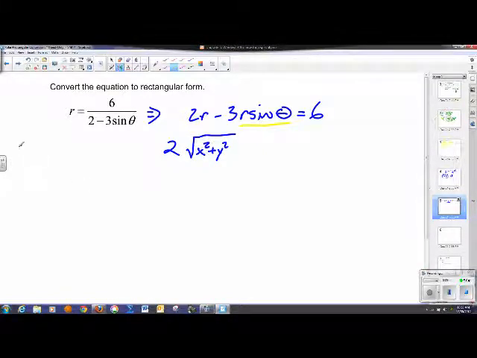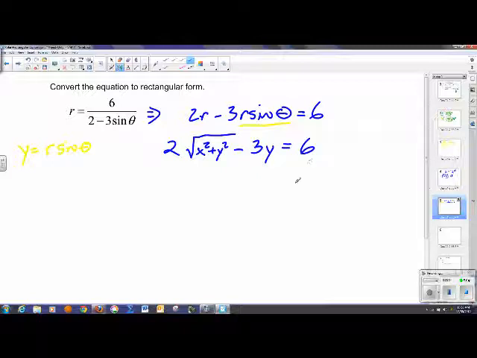We know that y is equal to r sine theta. So I'm going to go ahead and make that substitution. This gives me then 3y is equal to 6. So now it's just a case of cleaning things up.